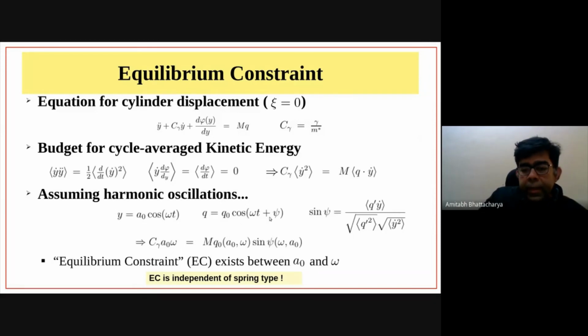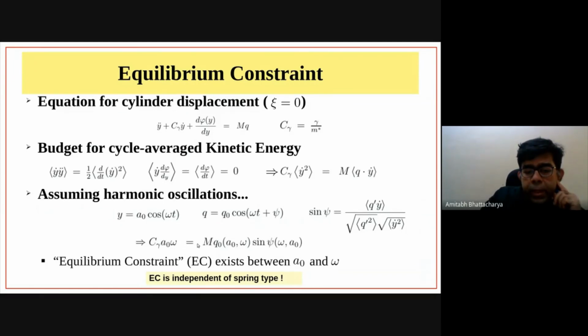There will also be a phase difference between the lift force and the displacement. In that case, you can come up with a constraint between the amplitude of oscillation and the frequency of oscillation. This constraint comes purely from energy conservation principles. It's a very simple energy budget that we wrote down to derive this.